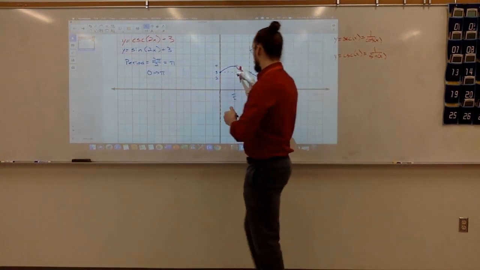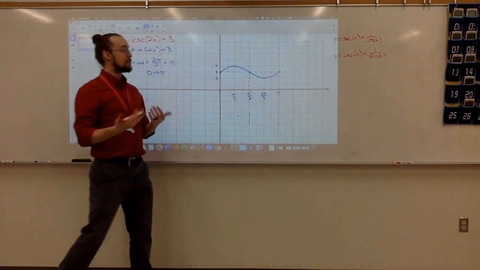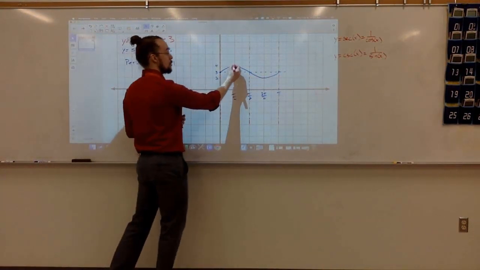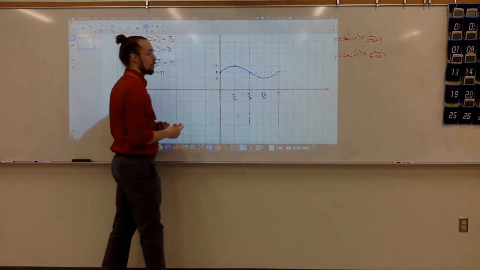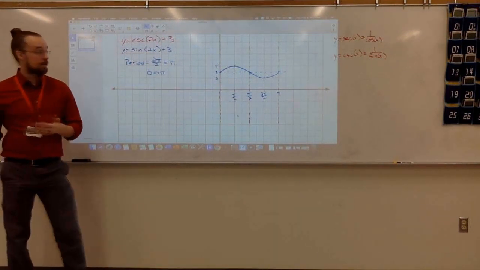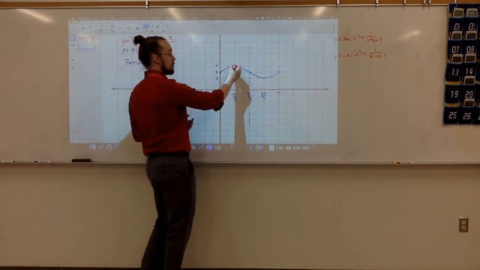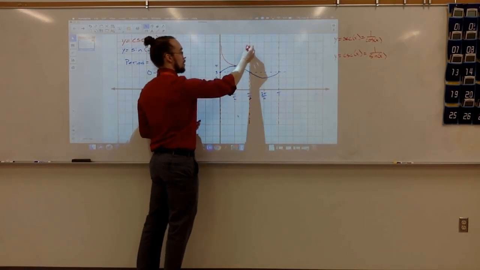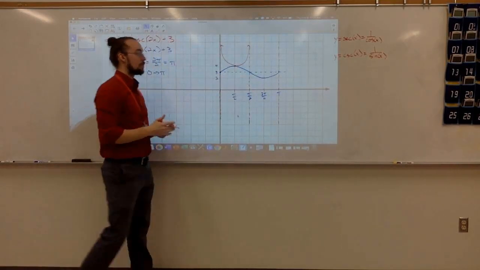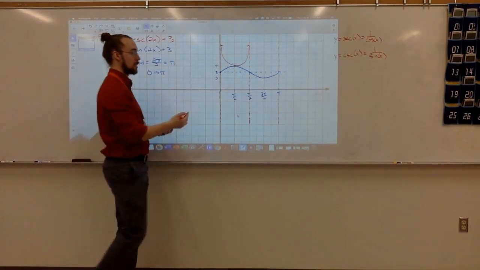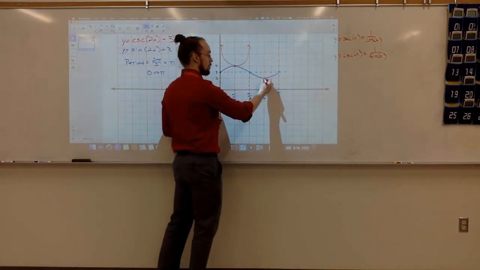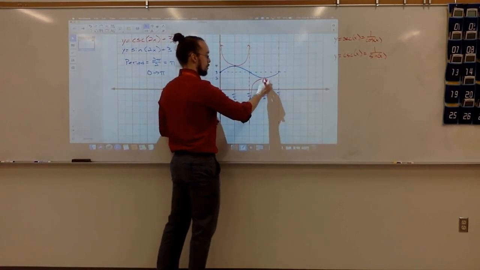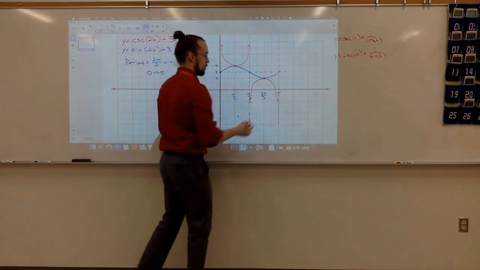And then the maxes and mins of the sine curve are where it shares one value with the cosecant curve. So I'm just going to draw in my cosecant curve in between the asymptotes there, and then again draw in my cosecant curve between the asymptotes here.